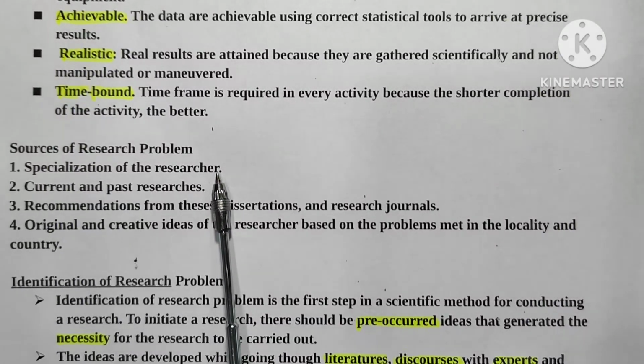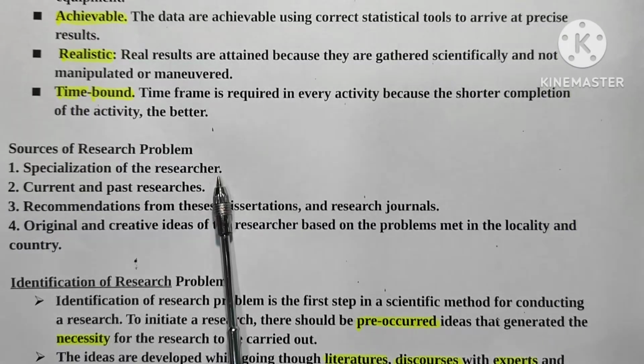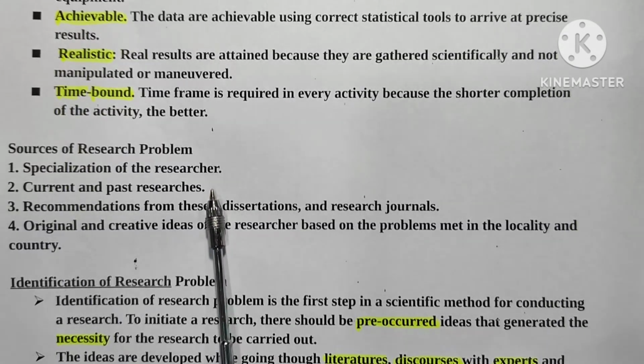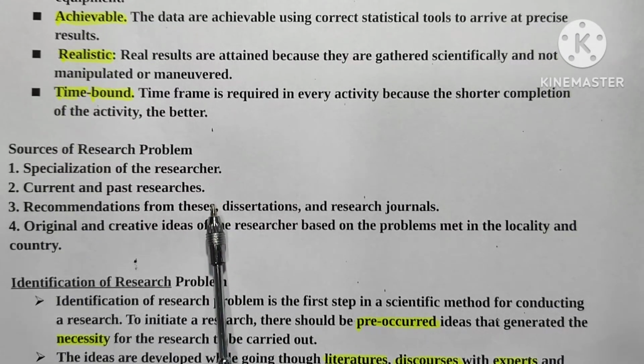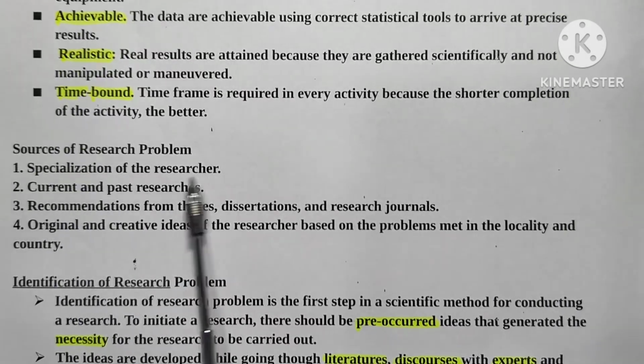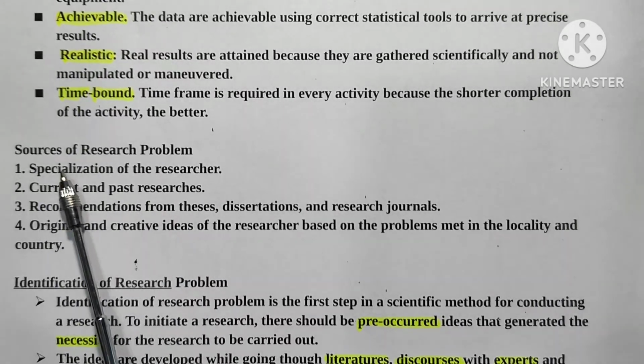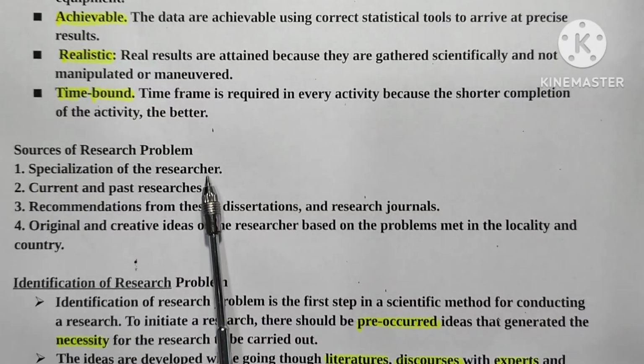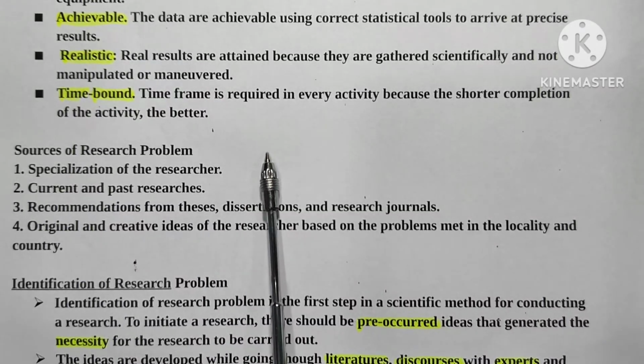You are specialized in pediatric health nursing or child health nursing. You can select it because you will have more knowledge about child-related problems, disease conditions, the pain they suffer, different disease conditions or psychological problems, school-related, society-related and behavioral problems. So you can select any topic from that, depending upon your specialization. Like that, from the specialization of the researcher, it is a hint you can select from.